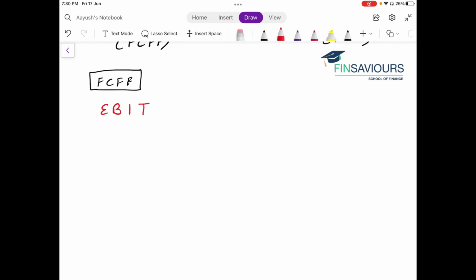You all will agree with me. For FCFF, the starting point of the computation is EBIT minus tax on EBIT.